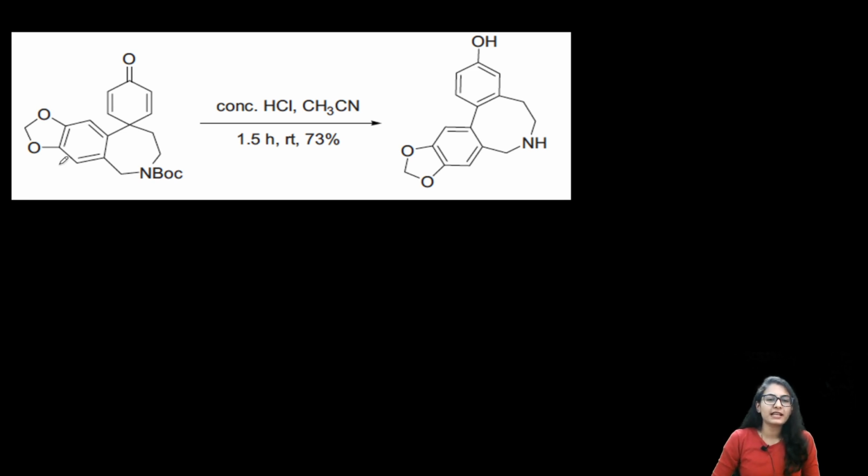The example is like this. What you have to do is, again draw the mechanism. You have concentrated HCl, and you have acetonitrile which is working as a solvent. So yet again, how is the mechanism going to be?